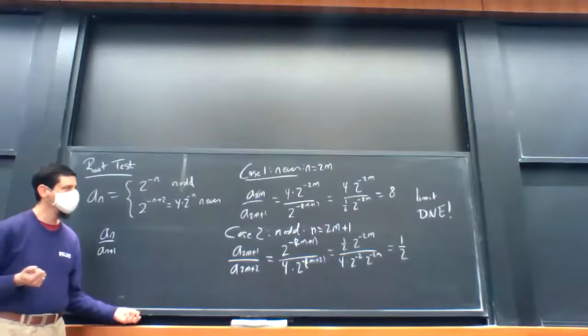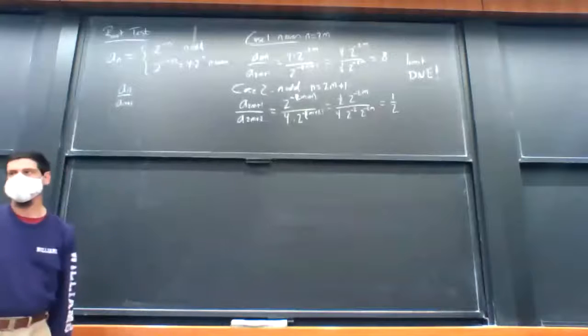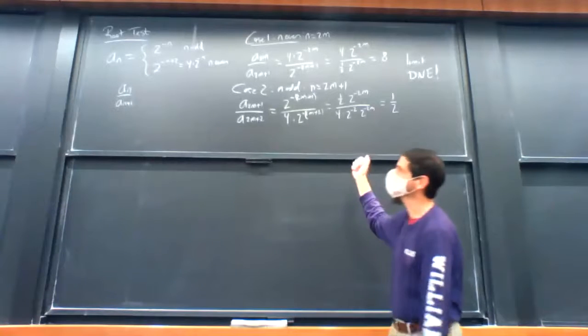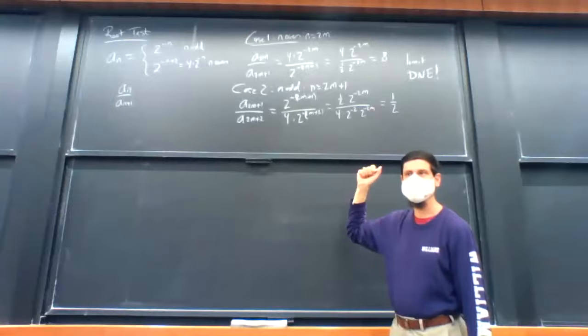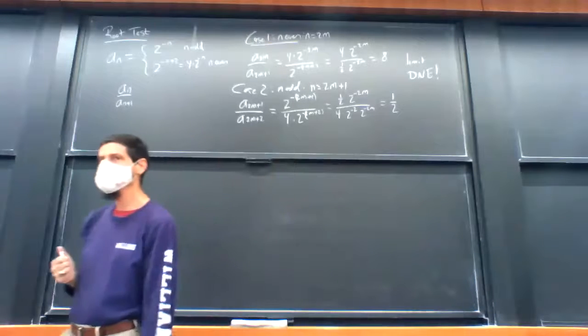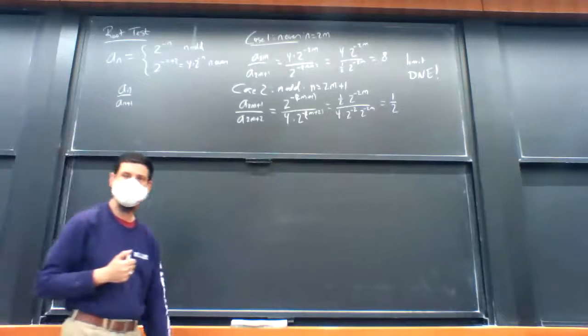But what could we do if we wanted to understand the infinite sum? We can't understand the infinite sum by adding all the terms together, a_1, a_2, a_3, a_4, a_5. How could we handle the infinite sum? What could we do?